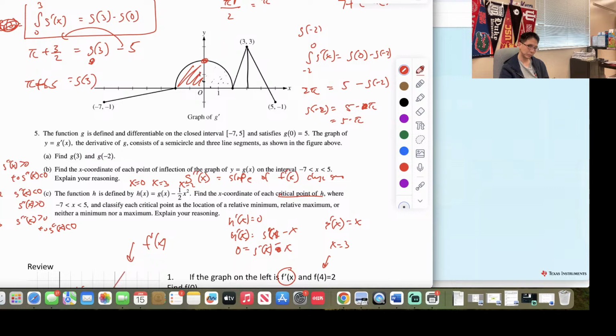Do we plug in each value, like x equals 0, x equals 5? When is g prime of x equal to x? Oh, 3, from 0, 3, 3. That's one of them. Then 0.